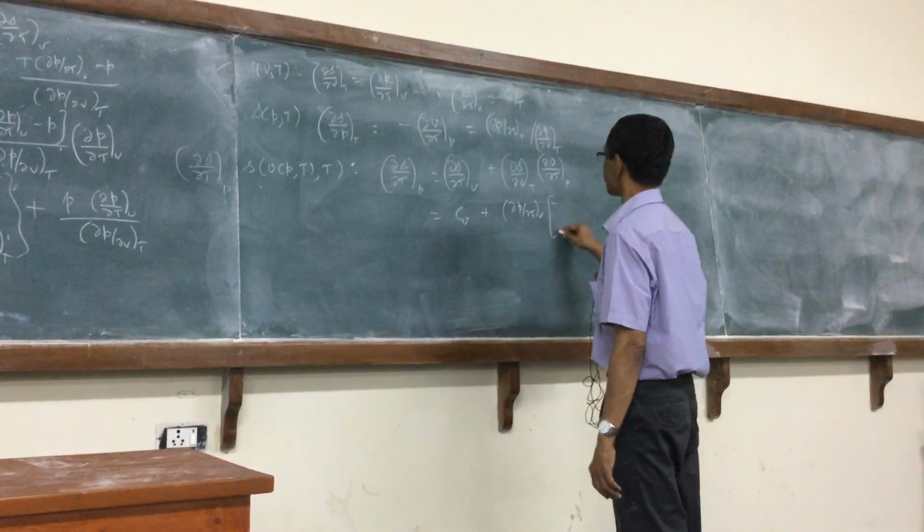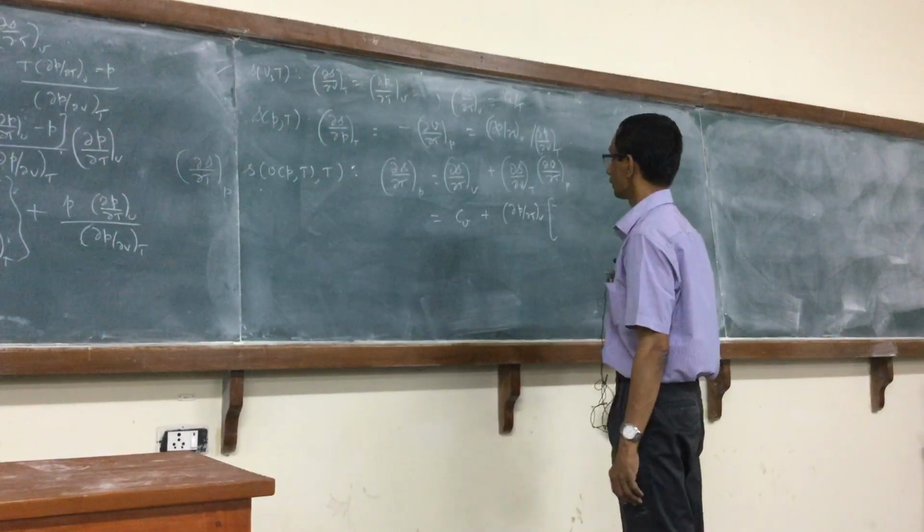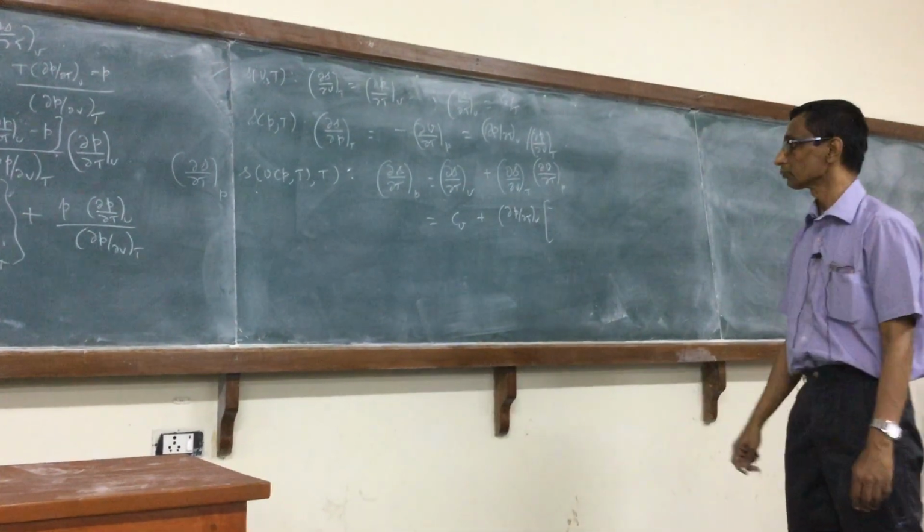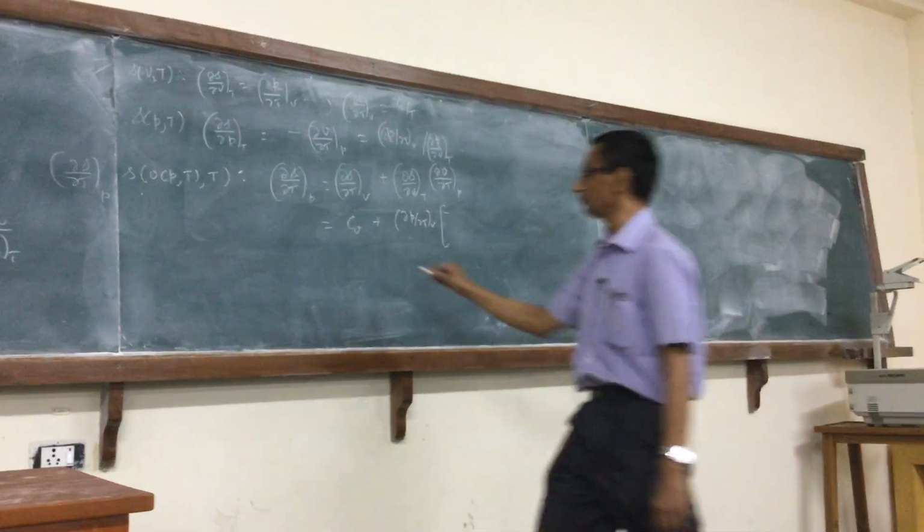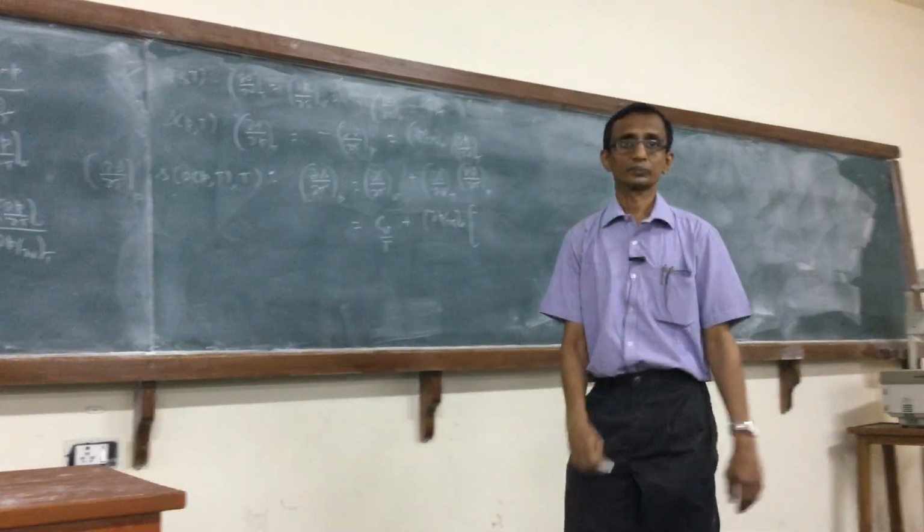I'm sorry, dS/dT at V is Cv by T, right?